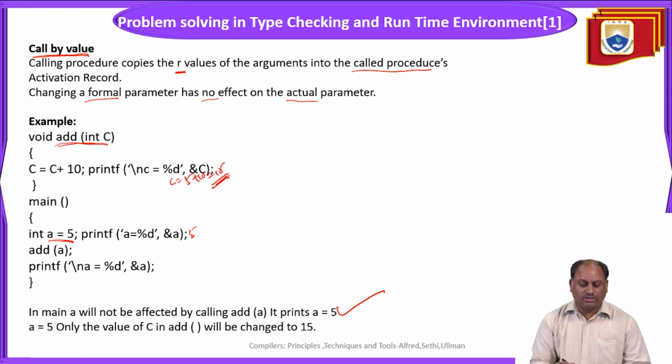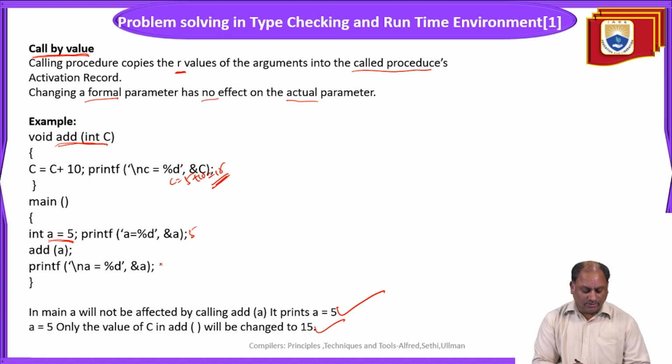But in the add function it will change to 15 only, when the value of c in add is changed to 15. A equals 5 only. So here we pass 5 and get 5 plus 10, 15.